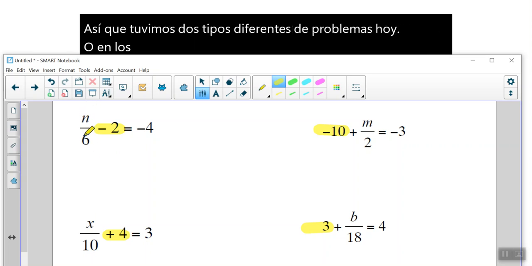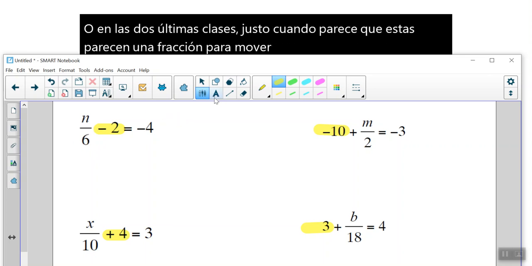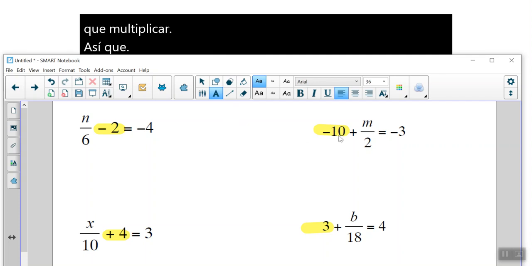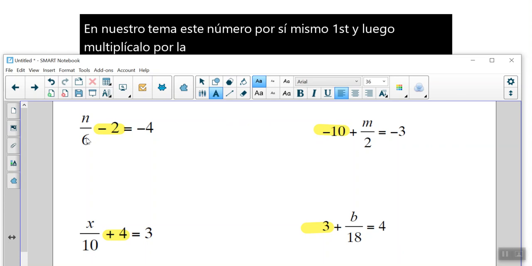When it looks like these, a fraction, in order to move this bottom number, you have to multiply. So add or subtract this number by itself first, and then multiply by the bottom number second. We're still doing 2 steps.